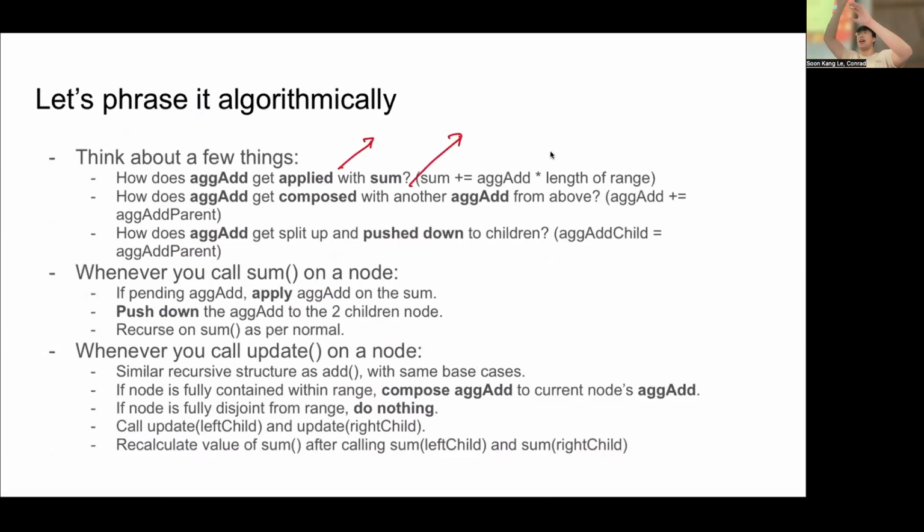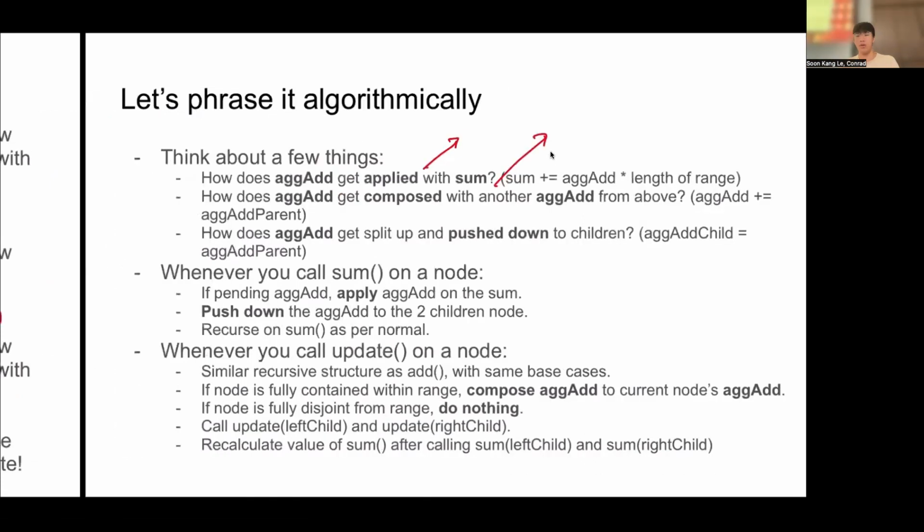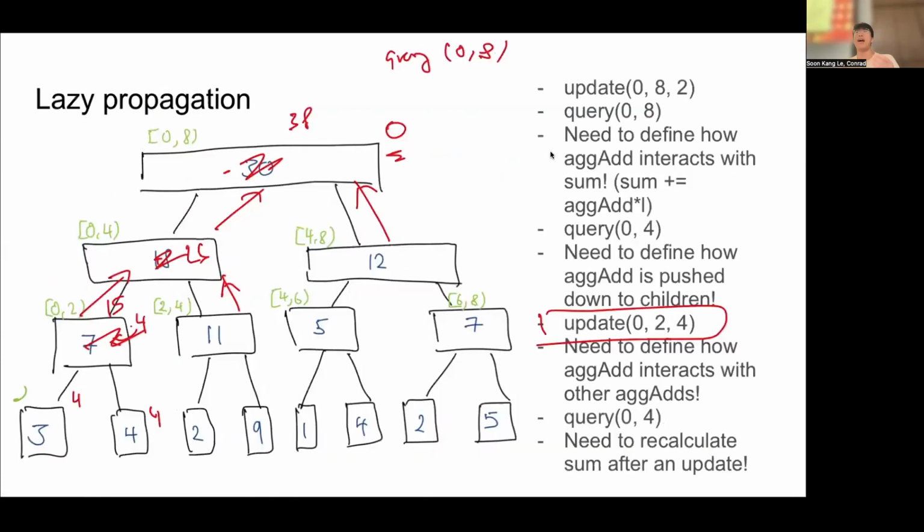If a parent has an aggregate add that needs to be pushed down to its children, and its children already have an aggregate add, how does it interact? And we also need to consider how to even push down the aggregate add to the children. These are all considerations that we found out after working through the entire query, and thinking about how, if I have this aggregate add variable, how does it actually need to interact with everything. So far, make sense?